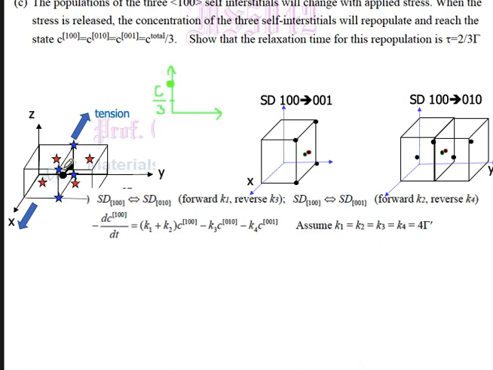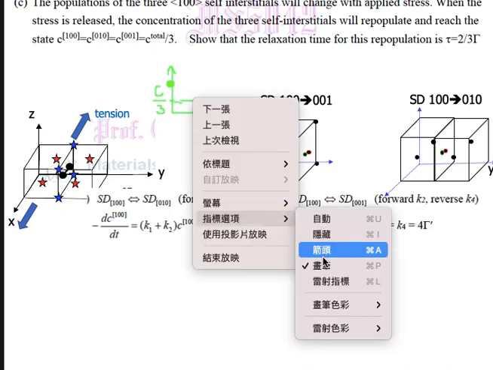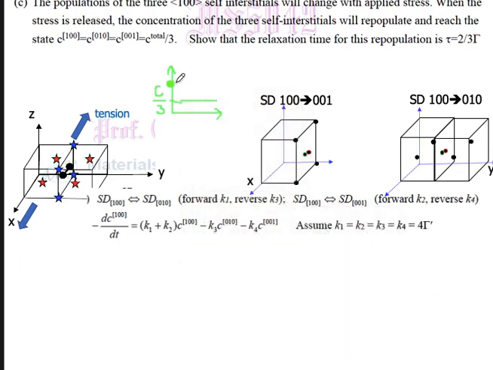How high depends on how much stress I apply on this material. But when I release the stress, I use a different color, then you can expect the concentration will decrease and go back to a steady state, meaning the concentration C total divided by 3.